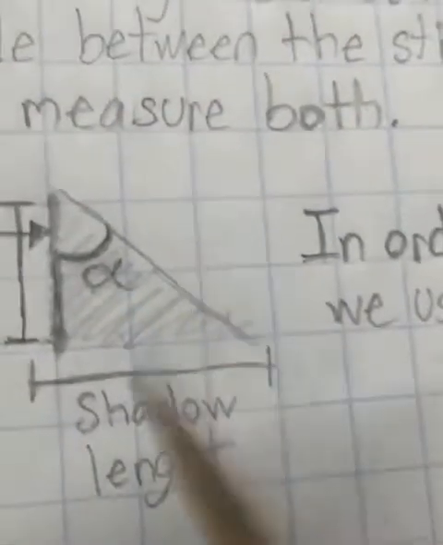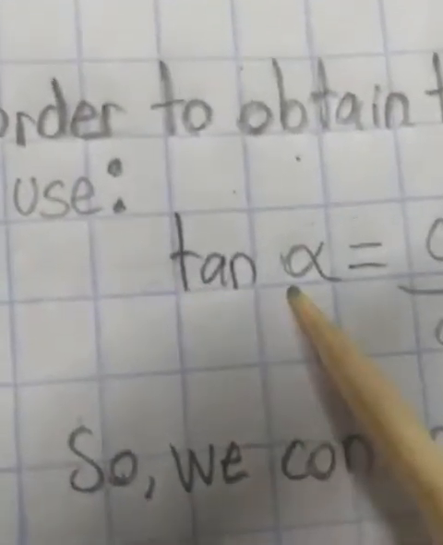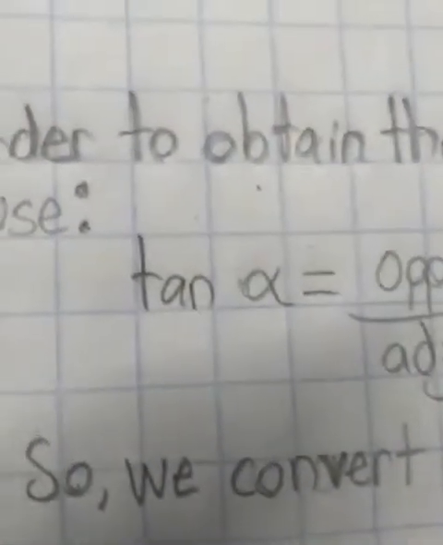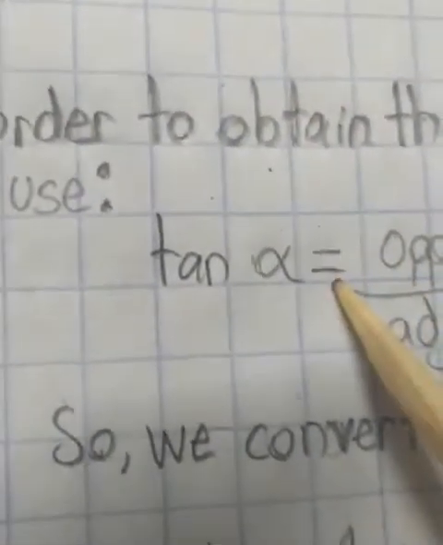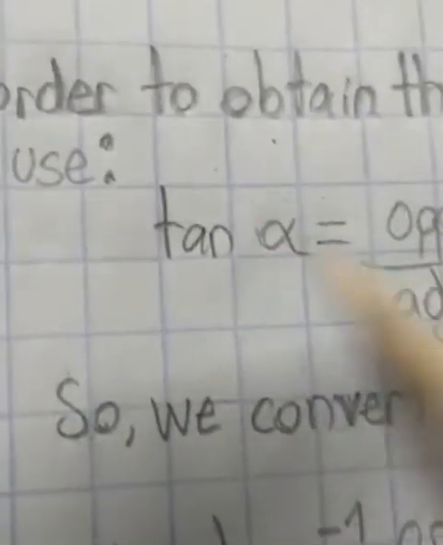So, in order to calculate this, we use the trigonometrical function tangent. So the tangent of alpha is equal to the opposite leg by the adjacent leg. And as we know, we only need to calculate this, so we convert this function into this.